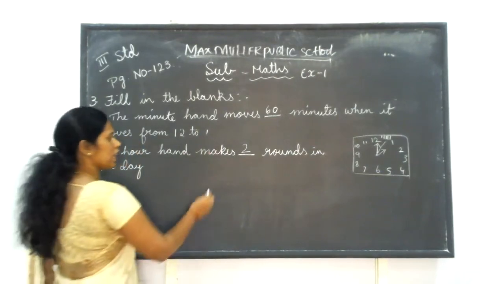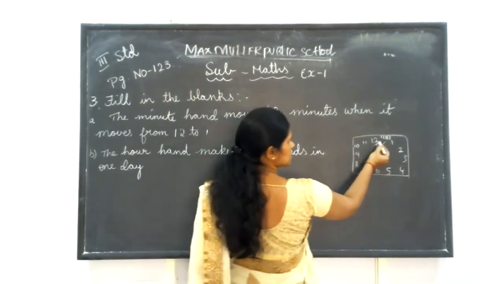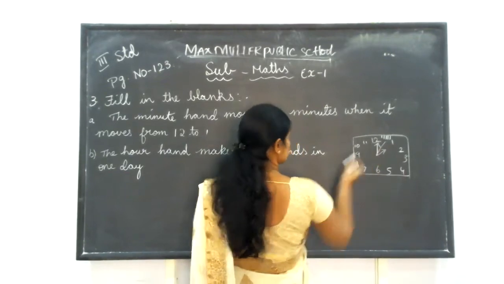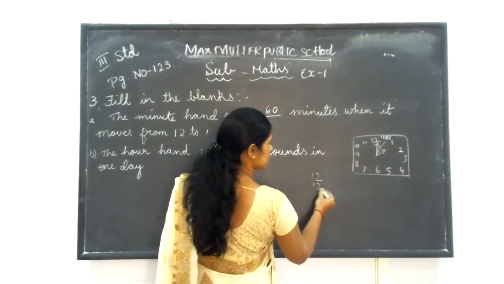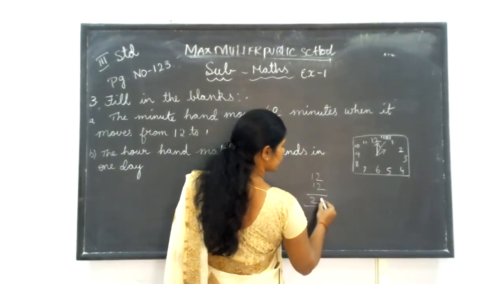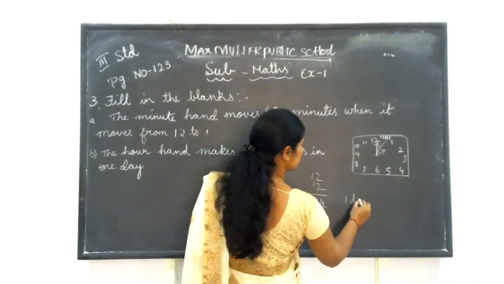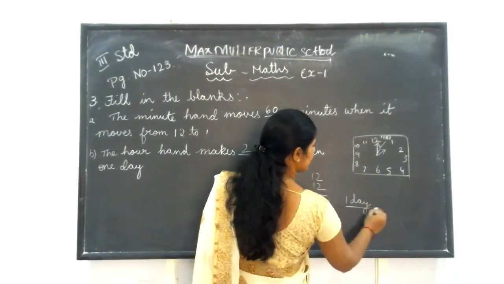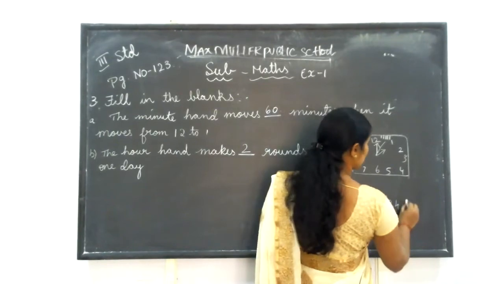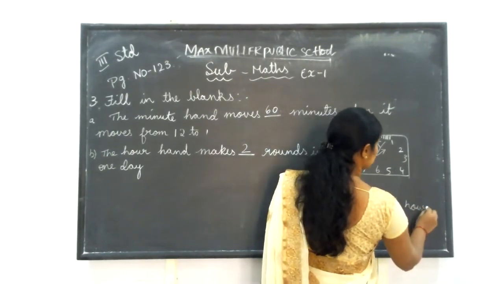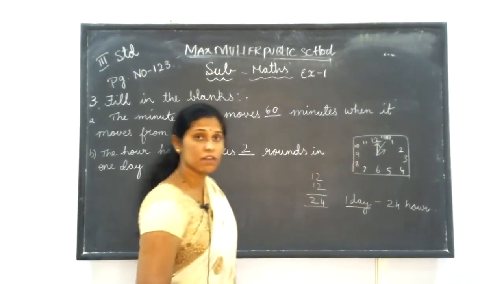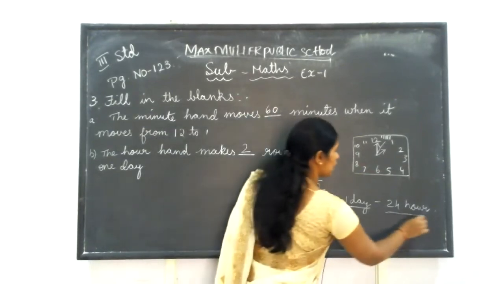So 12. So how much numbers is there? 1 to 12. So 12 plus 12 is how much? 24. In 1 day, how many hours will be there? 1 day, 24 hours. 1 day, how many hours? 24 hours.